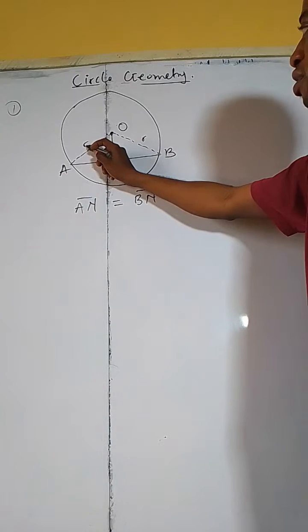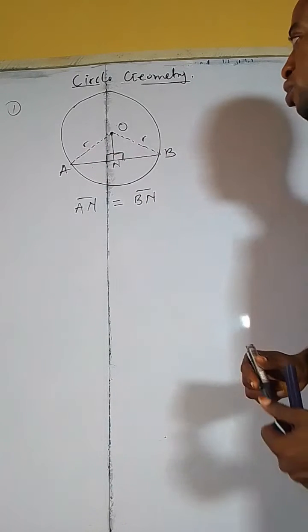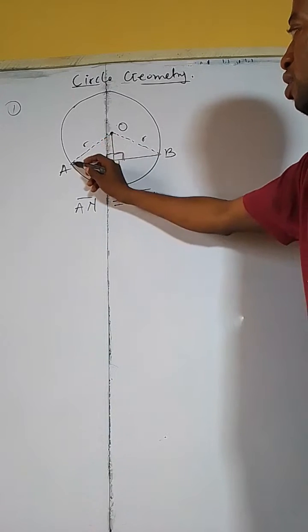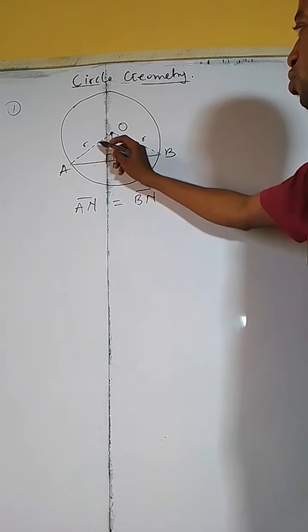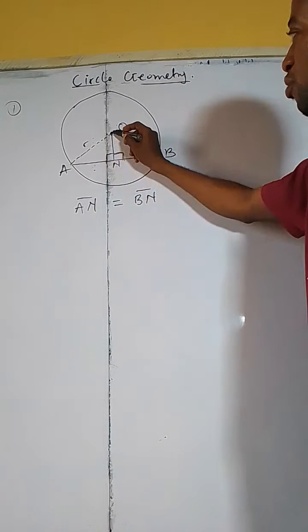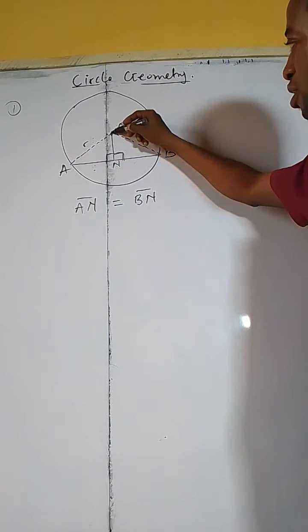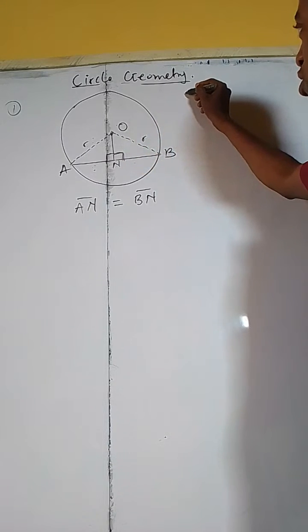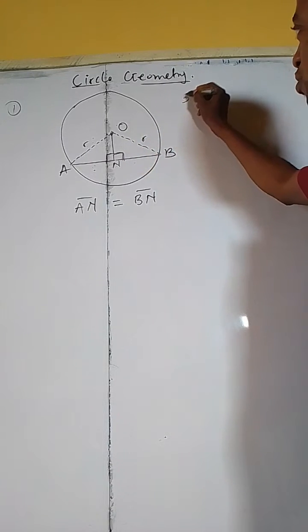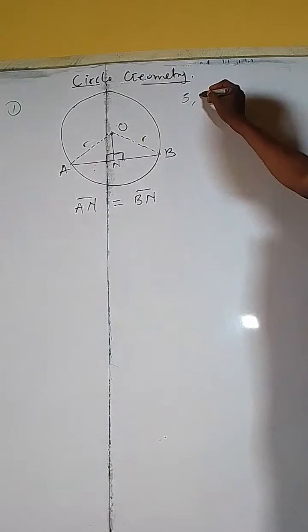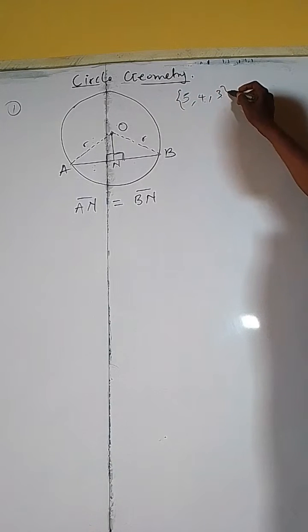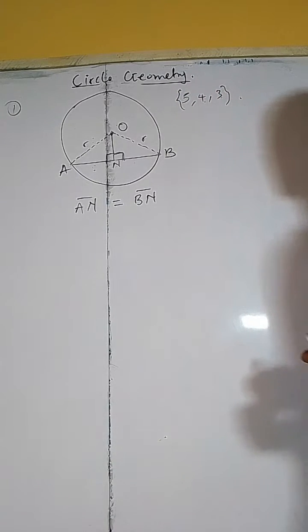Then let's say the radius here is 5 and this is 8, so this is 4, 4. So 5, 4, then we can get the distance from the center to the chord now, applying Pythagoras theorem. And from Pythagoras triple, hypotenuse is 5, one of the sides is 4, so the other one will be 3. So which is 3, 4, 5. So that is one particular theorem as well.